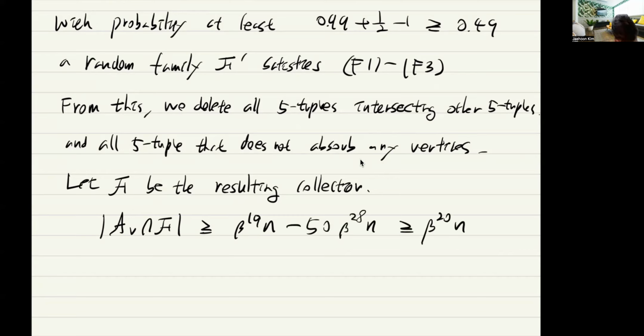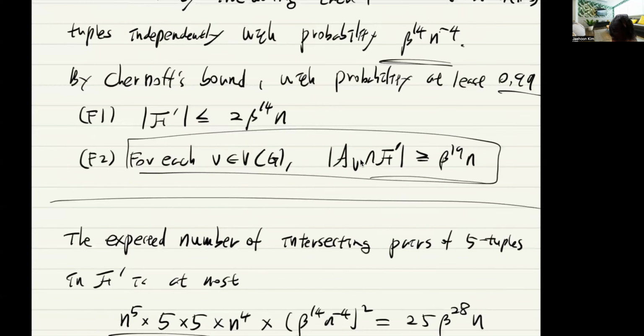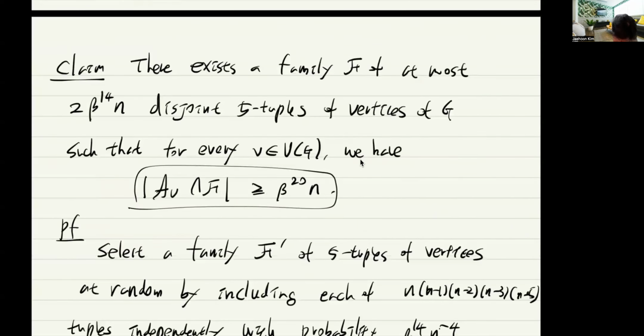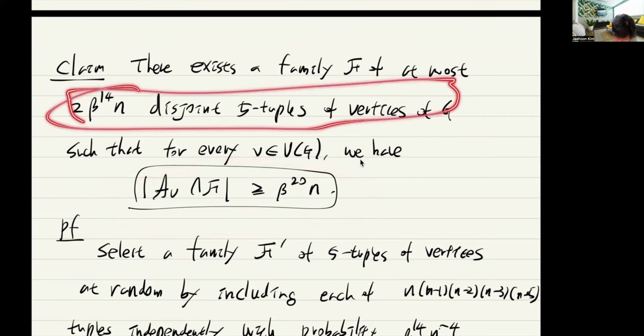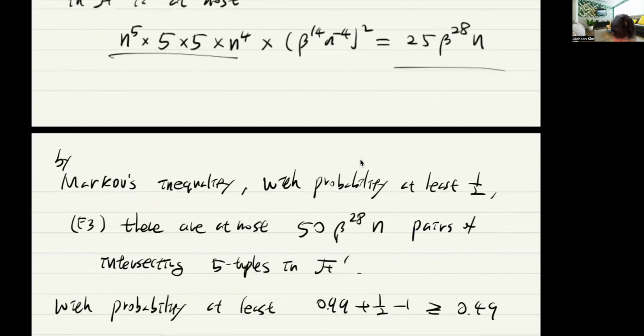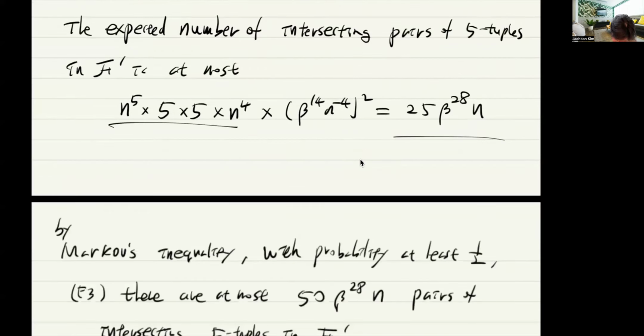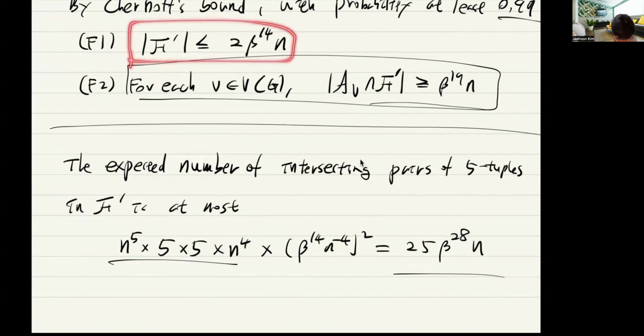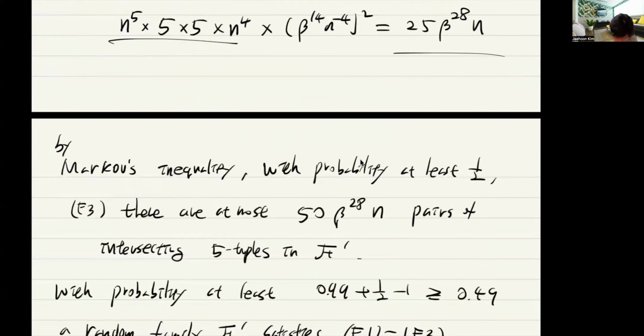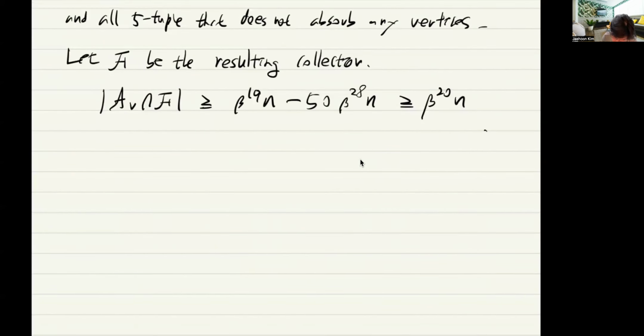So that shows that this property holds. And the bound on the number is also easy to check. So we have this, and then we have deleted a few more. So this proves the claim.